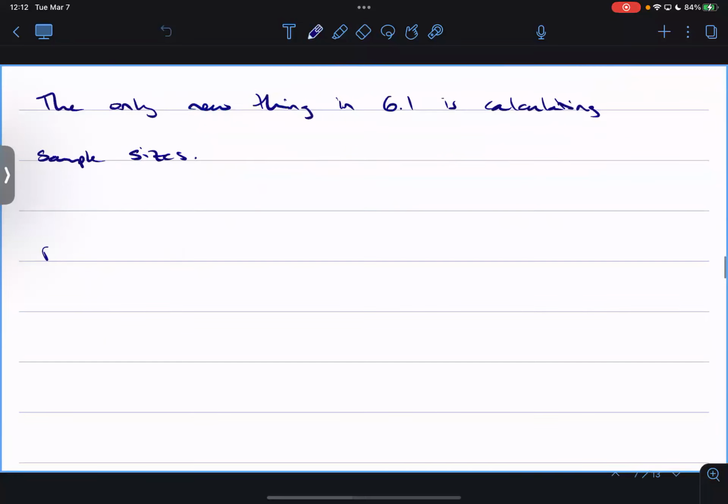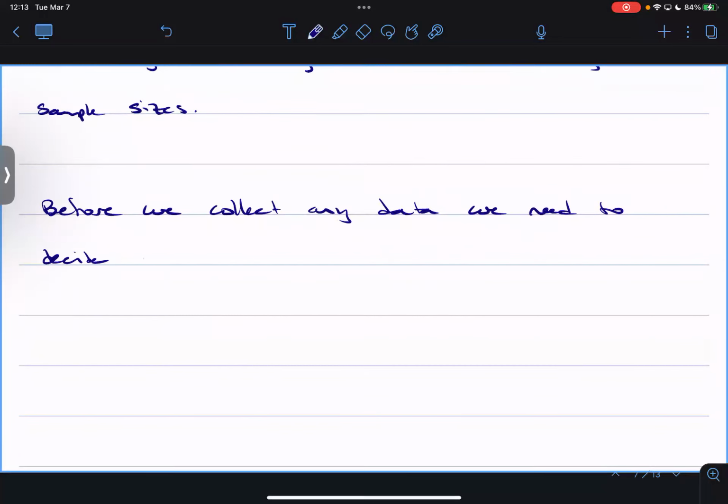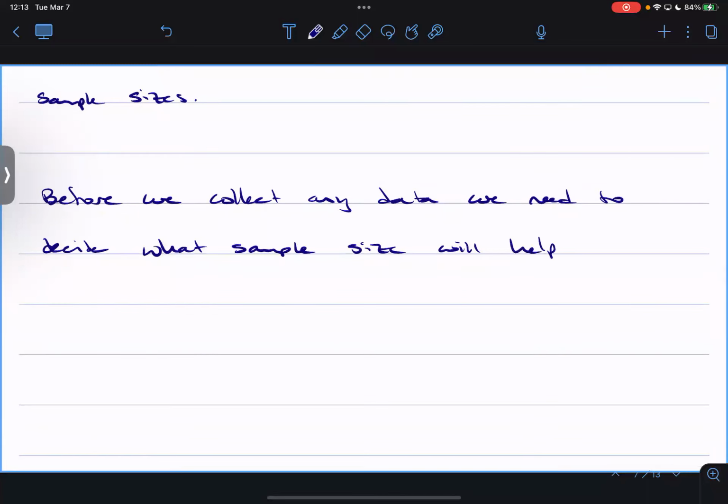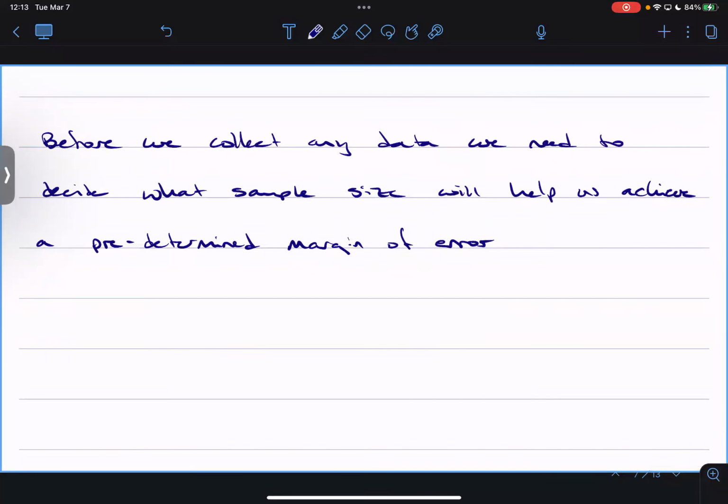So before we collect any data, we need to decide what sample size will help us achieve a predetermined margin of error at some specified confidence level.